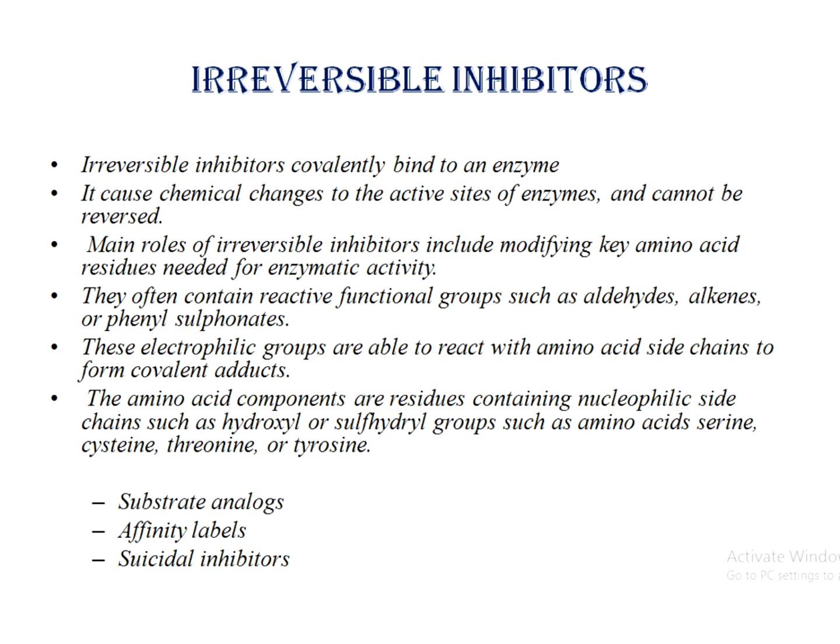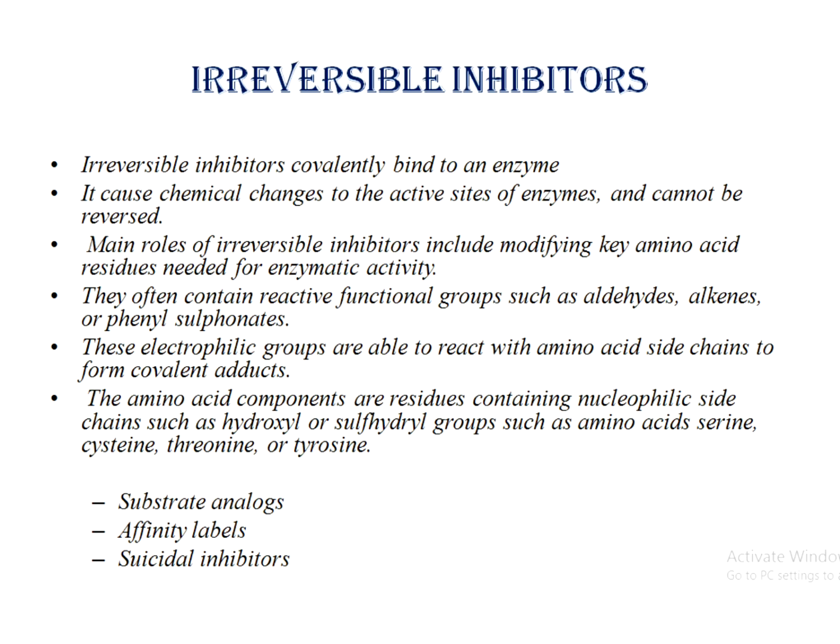Irreversible inhibitors. Irreversible inhibitors bind to the enzyme through covalent bonds. In reversible inhibition the bonds are non-covalent, and for irreversible they are covalent, and they cause chemical changes to the active site of the enzyme, so they cannot be reversed.